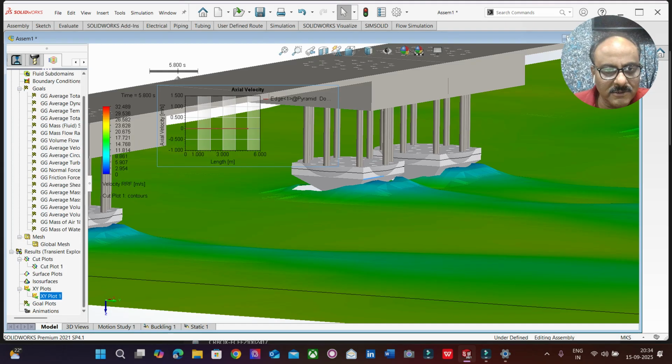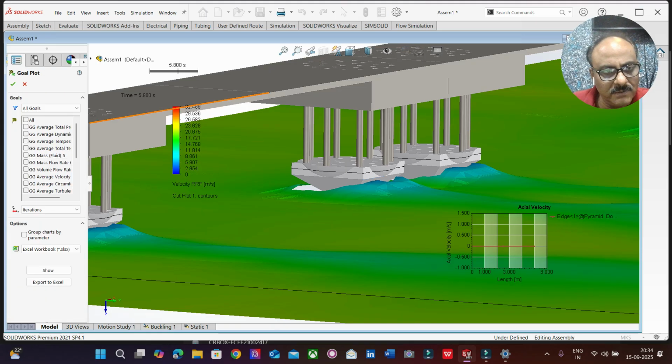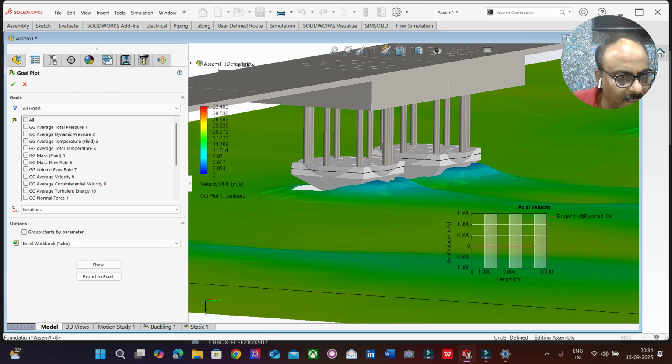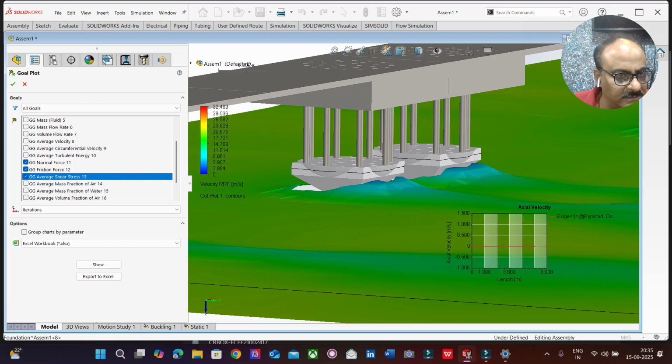So this is going to be the axial velocity plot. Okay, so now let's find out what is going to be the normal force, the normal forces, the shear stress parameters, and the turbulent energy, etc.